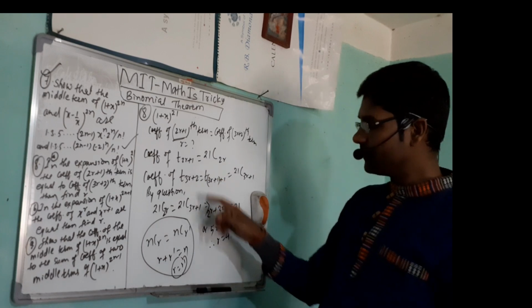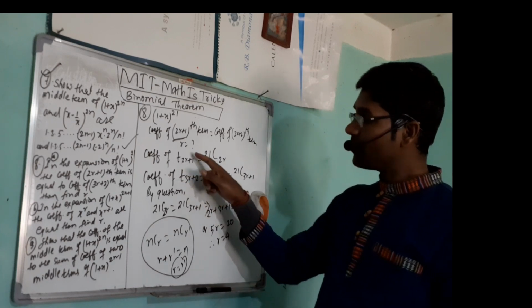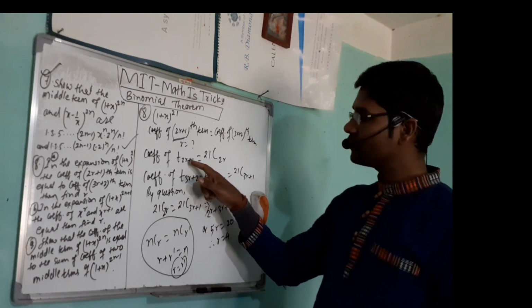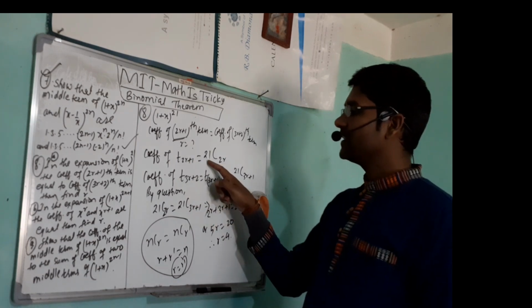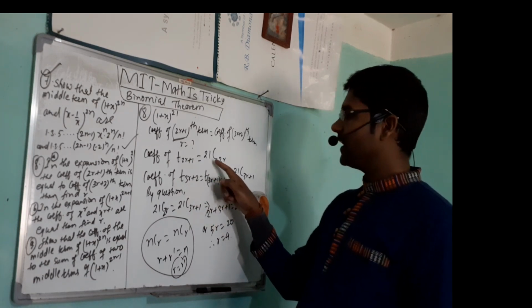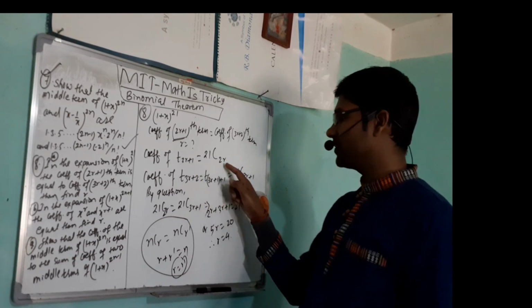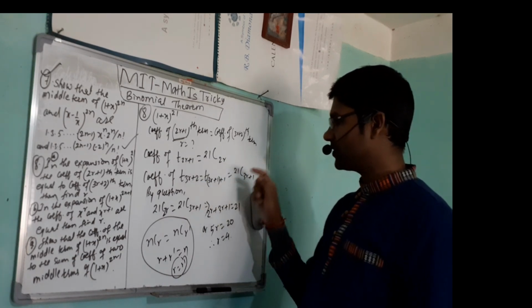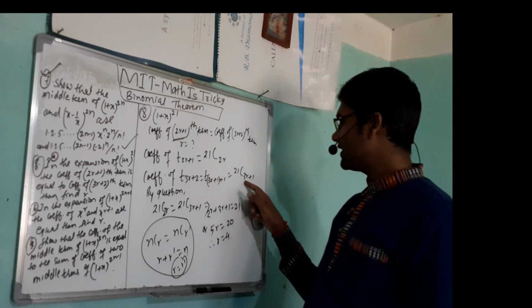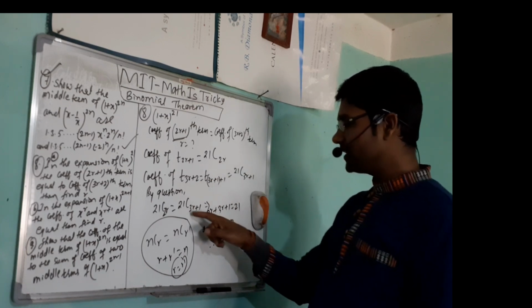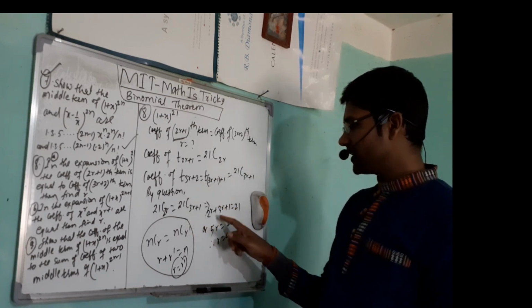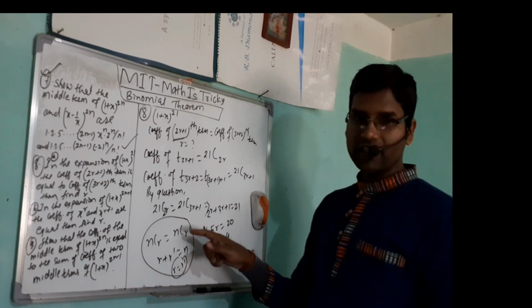So remember here, just say the coefficient of T 2r plus 1 will be simply nCr, the value of r will decrease by 1, so 2r plus 1 means 2r, and 3r plus 2 means 3r plus 1 will be there, and these two will be equal by the given condition. So we can use this result, I have already proved.